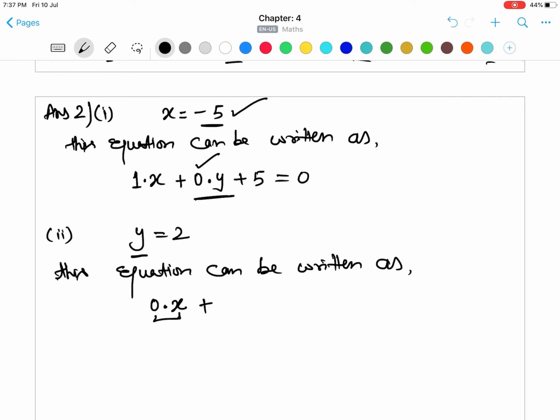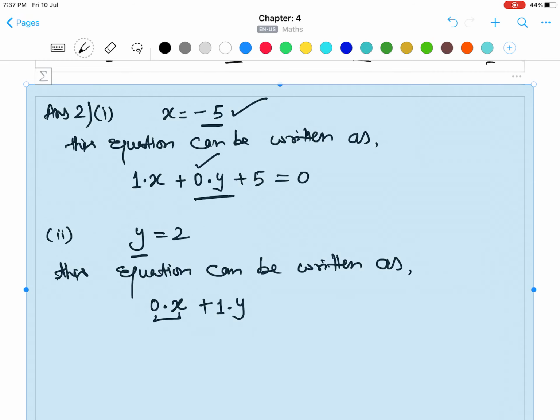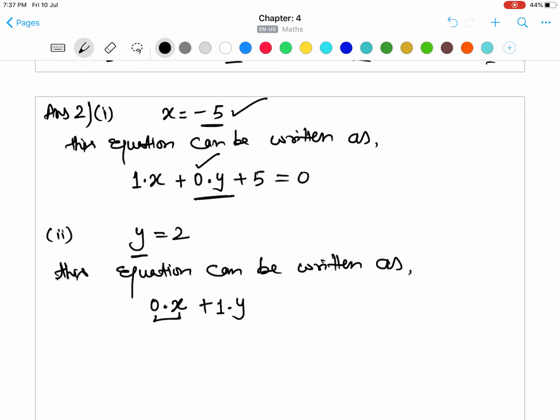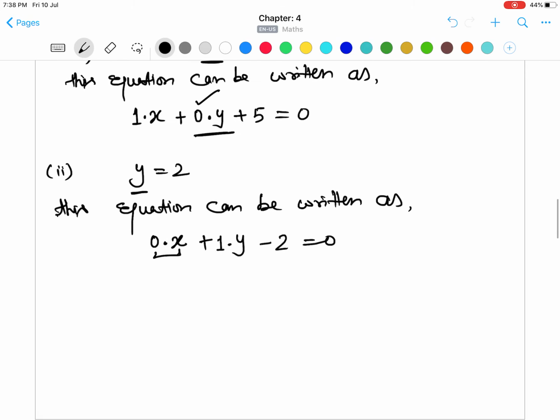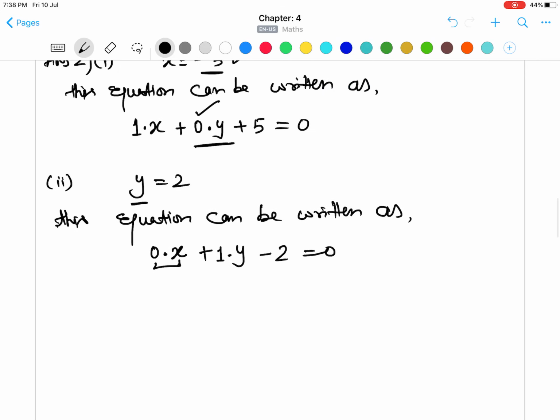Okay, then we have the y with coefficient 1, as there is no number in front of it, and this plus 2 will become minus 2 when you shift it to the left hand side, then we'll have equals to 0. So these are again the equation in the two variable.